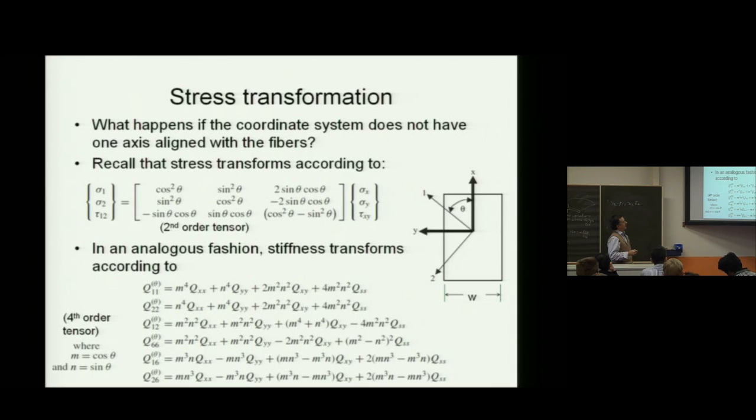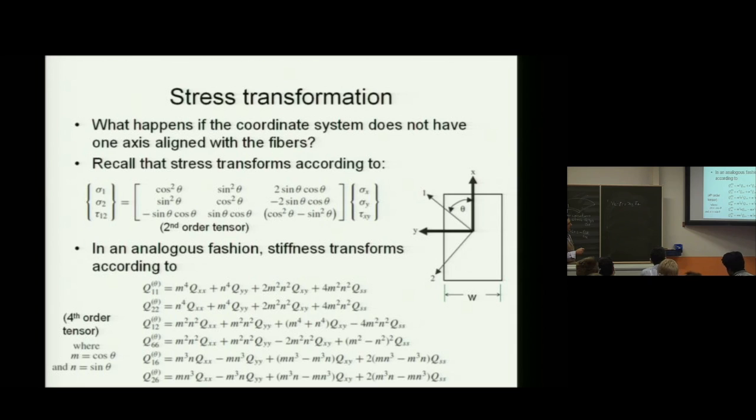Basically, if I know stresses in the coordinate system x, y, and I need to determine them in a coordinate system 1, 2, the transformation is here, which involves just cosines and sines of the angle between the x-axis and the y-axis. And that's the standard transformation for a second-order tensor, covered also in the second-year structures course for those of you that were with me on that.